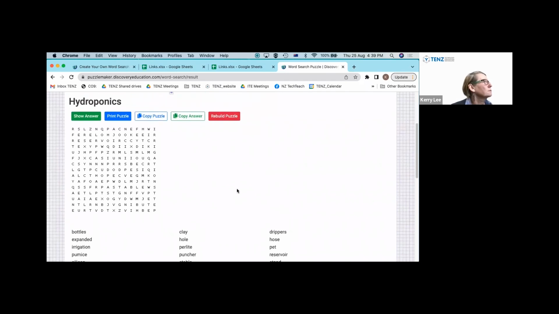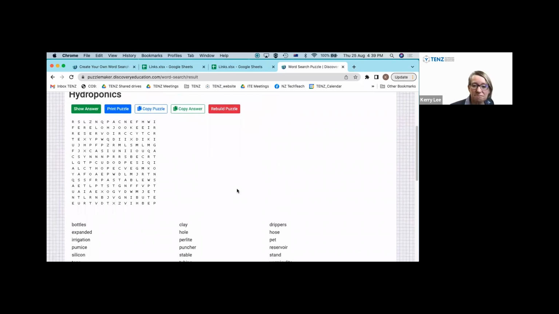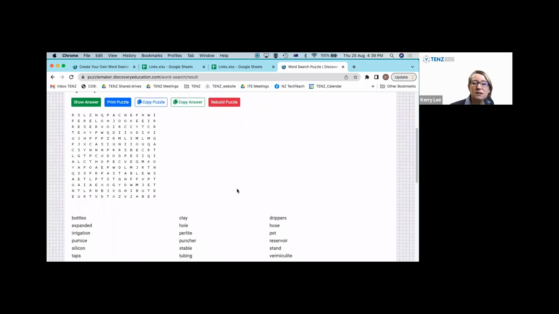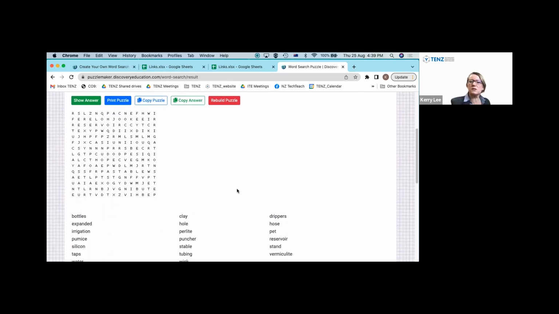Maybe for early finishes for some other task. Yeah. Great. Because it's educational, they're going to be learning, thinking, you know, what is a reservoir? What are drippers? So it's building, reinforcing, so that's great. What else?